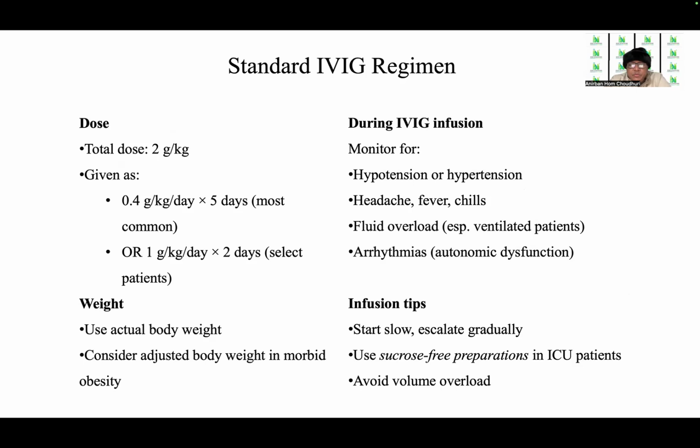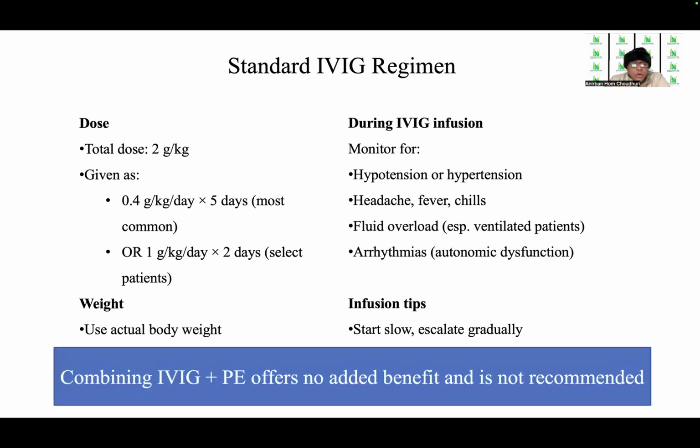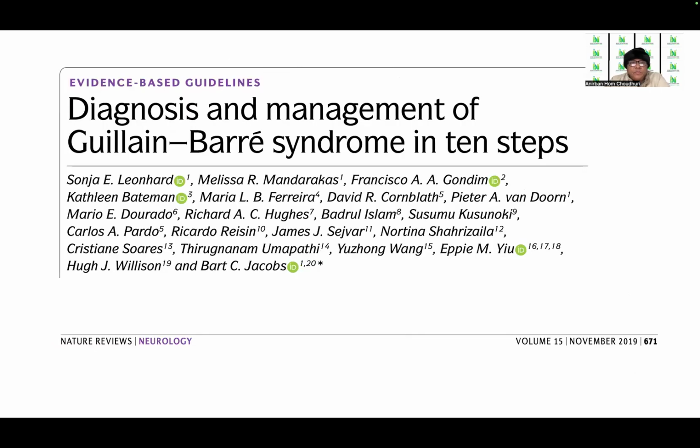The infusion tips are that we should start slowly and escalate gradually, use sucrose-free preparations in the ICU, and always avoid any volume overload. Always remember that combining IVIG and plasma exchange offers no added benefit and is not recommended. So if one of the therapies has been used, the other should not be superimposed.